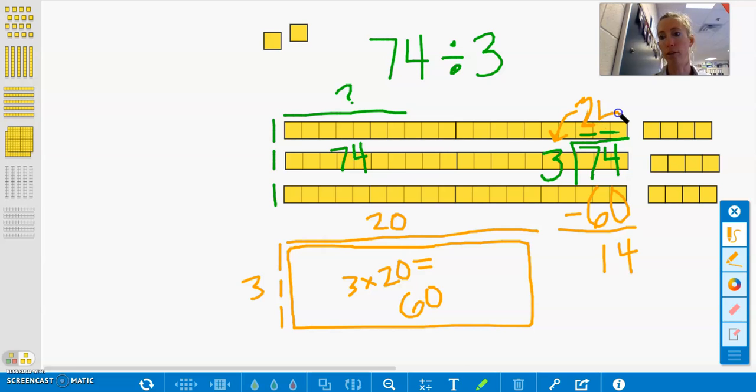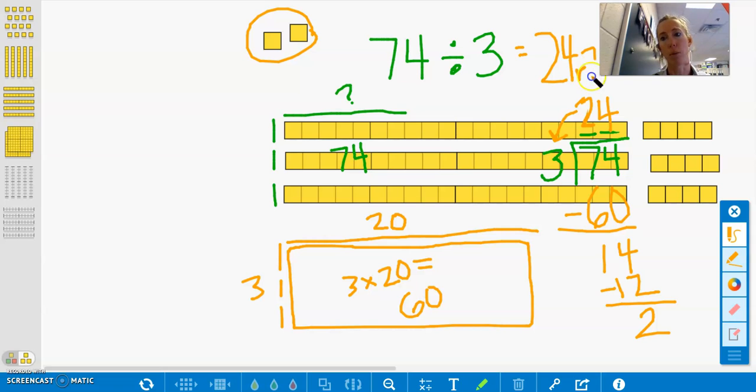I was able to put 4 in each of the 3 groups, which gave me a total not of 14, but of what? 4 times 3. That was a total of 12. Okay? And when I subtract and find the difference of that, I'm left with my remaining 2, which is what I had over here. I have 24 with a remainder of 2 people.